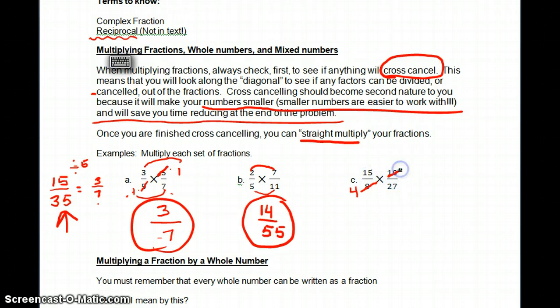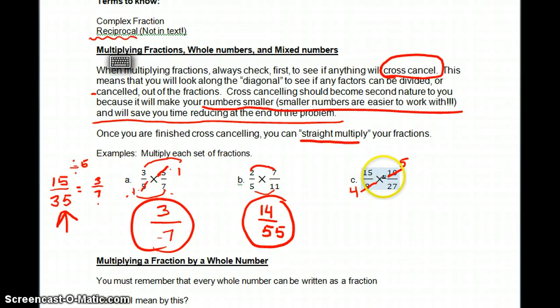And if I do 10 divided by 2, it will become a 5. So I'm allowing that 2 to cancel out to reduce my numbers. Now on the next diagonal, there is also a number that they have in common, a factor that they have in common.